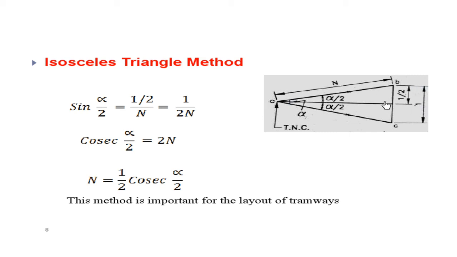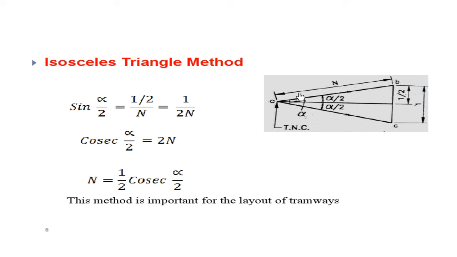The straight line was the n value. Here n is taken as the side of the triangle. So in order to get this n, we take sine alpha by 2 is equal to 1 by 2 by n, which can be written as 1 by 2n. Now if you take the reciprocal, what you get is cosec alpha by 2, which is equal to 2n. Now n can be written as 1 by 2 cosec alpha by 2.